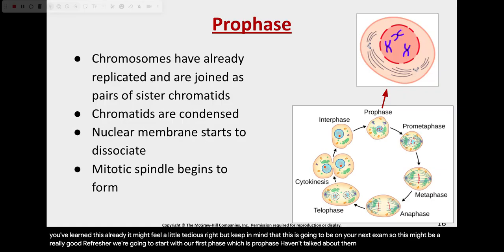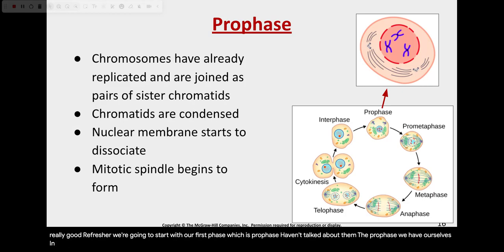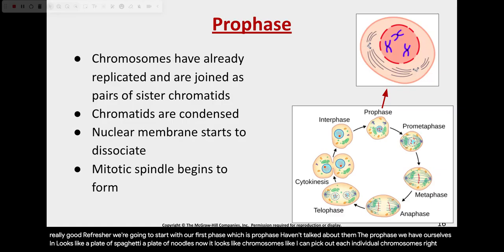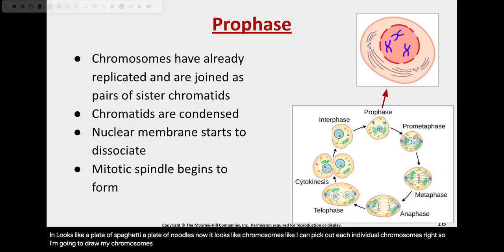All right, so prophase, we have our cell. Chromosomes in prophase are starting to condense. It no longer looks like a plate of spaghetti, a plate of noodles. Now it looks like chromosomes, like I can pick out each individual chromosome. So I'm going to draw my chromosomes that have been condensed.